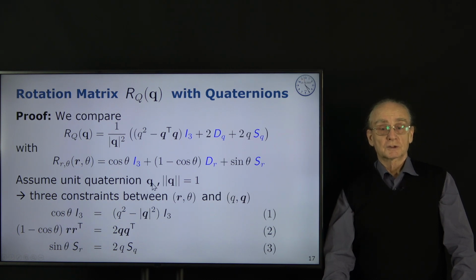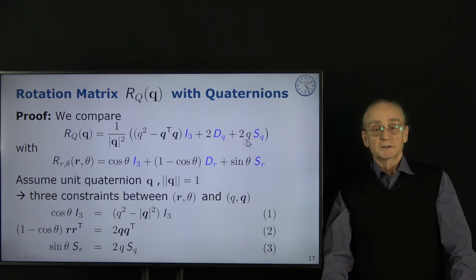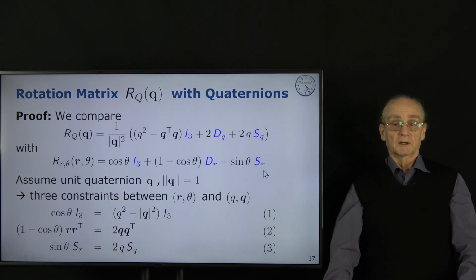Second, the 2 times the dyadic product of Q should be 1 minus cosine theta multiplied with the dyadic product of R and R transposed. And finally, this skew-symmetric part, 2 times the scalar part multiplied with the skew-symmetric matrix of Q, should be the same as sine theta multiplied with the skew-symmetric matrix of the direction vector.